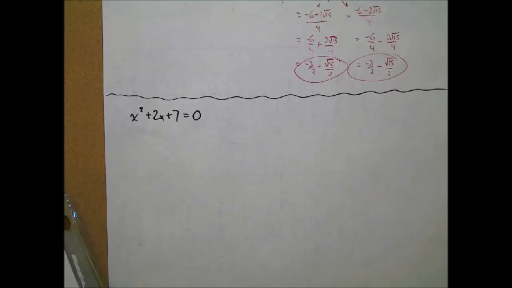What's our A here? Our A is 1, the number in front there, right? 1. Okay, what is our B? 2. What's our C? 7. Okay. Go into the quadratic formula. Everything's fine so far.